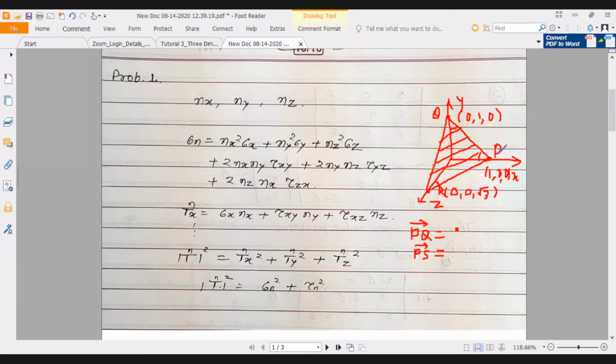Yes: 0 minus 1, 1 minus 0, 0 minus 0. So you have the vector as minus 1, 1 and 0. Got it?